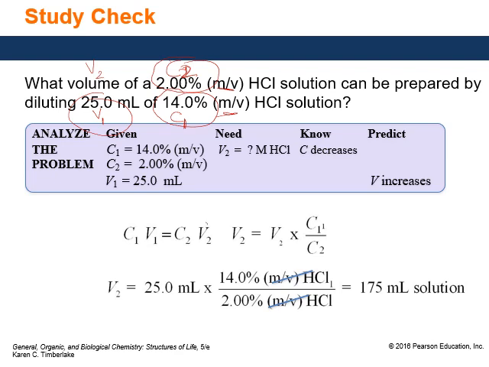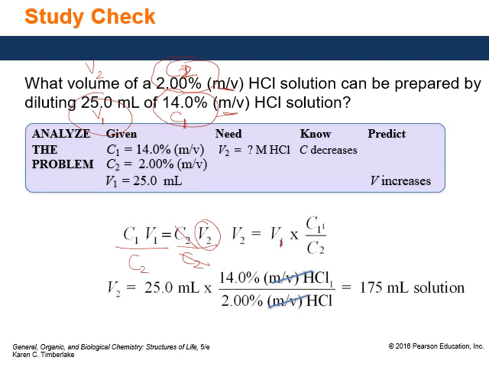I am solving for V2, so I need to get rid of C2, so I divide by C2 on both sides. So my V2 here is C1 V1 over C2.